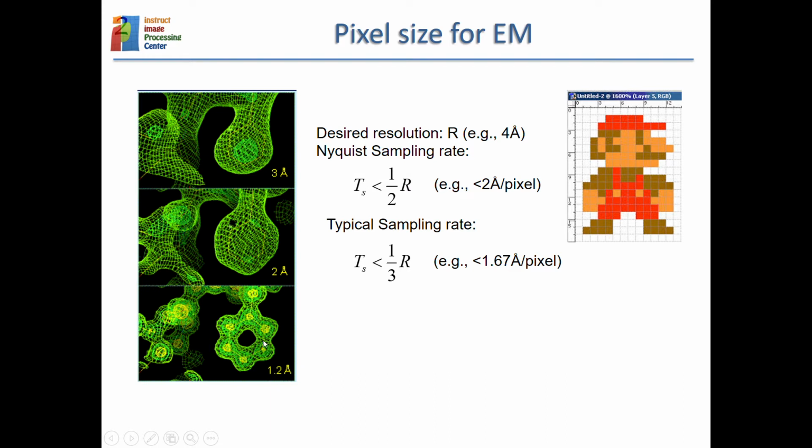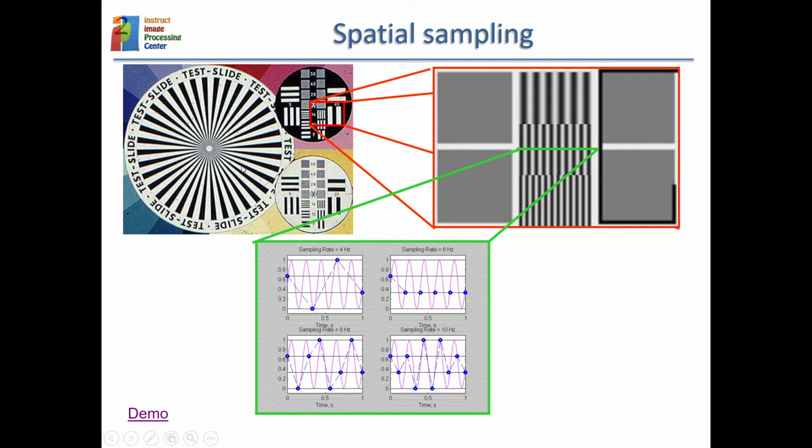But if you're not able to see these details, so then the smoother you go, for instance from 1.2 to 2 angstroms to 3 angstroms, the fewer details that you have in your structure. And this is the equivalent of going into very fine details. Very fine details would be at the origin, while the smoother details are farther away from the origin.